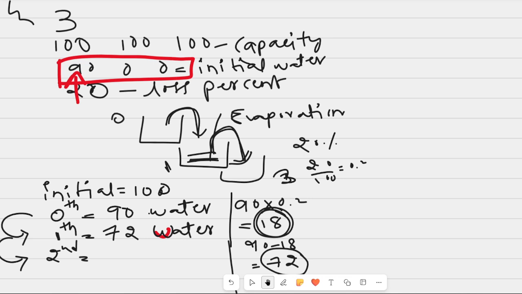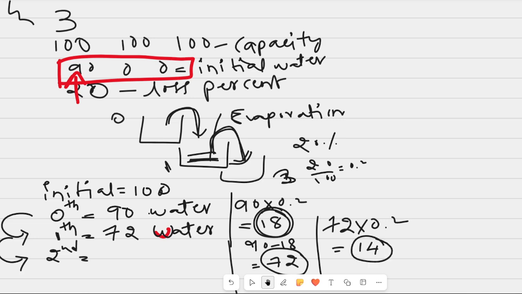From the previous one, how much water did we get? We got 72 water from the first chamber, and we have loss percentage 0.2, which is approximately equal to 14.